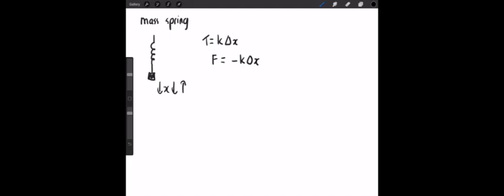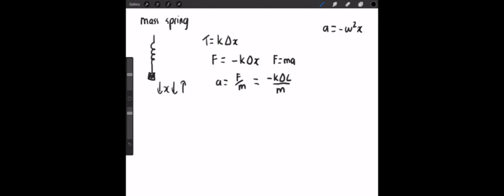Now using Newton's second law, F equals ma, I can rearrange that for acceleration. Acceleration is going to be F over m, and then if we substitute in what the F is, that means that acceleration is going to be minus k delta x over m. Now going back to our important equation, the harmonic equation, acceleration is minus omega squared x.